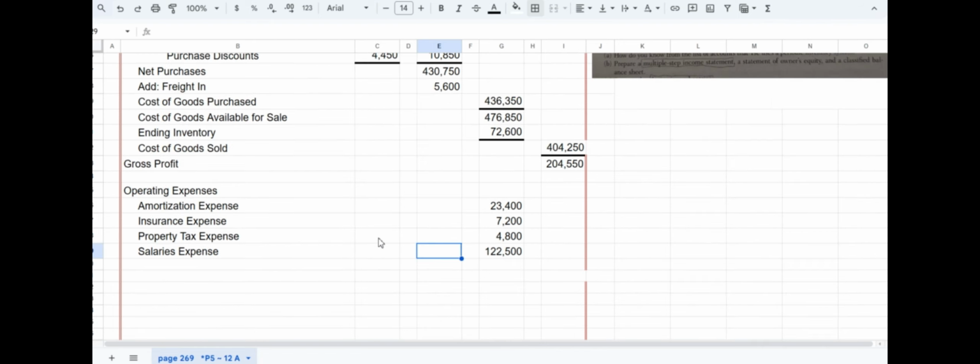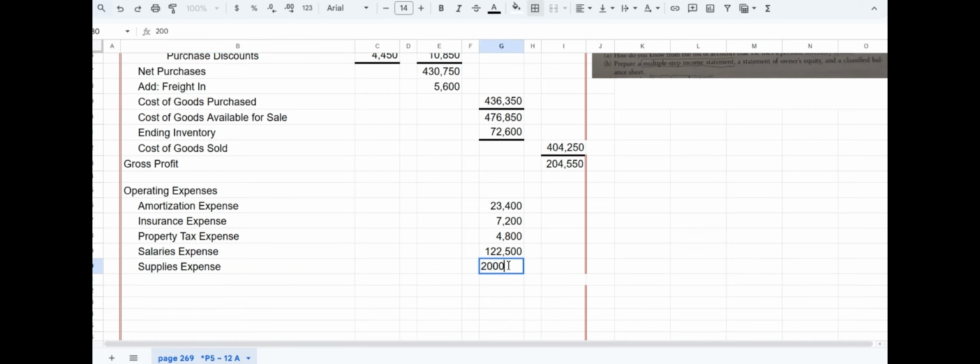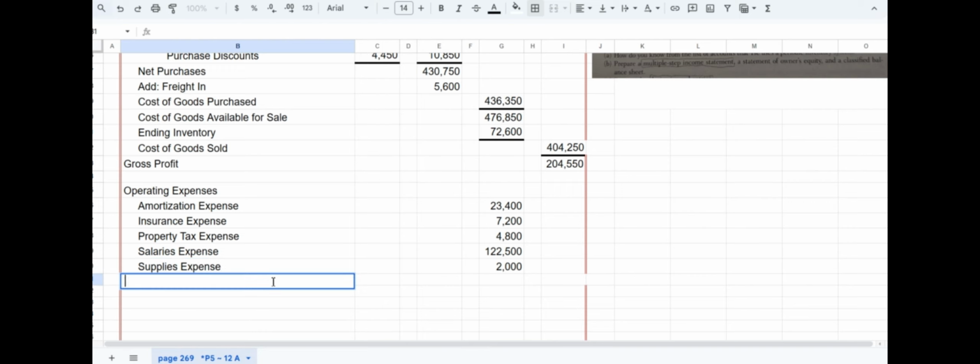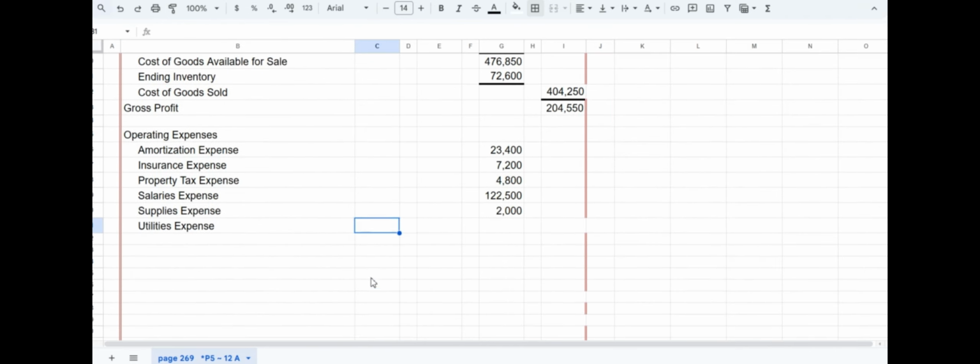Supplies expense is 2,000. And utilities expense is 18,000.